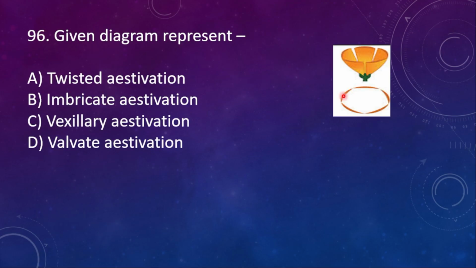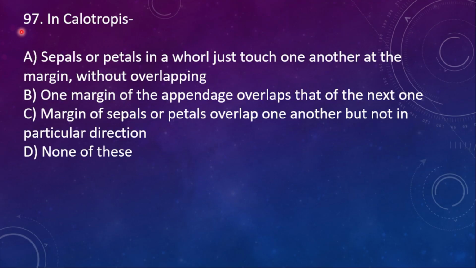Given diagram represents A. twisted, B. imbricate, C. vexillary, D. valvate. See, this is the valvate one. 97. In Calotropis, A. sepals or petals in a whorl just touch one another at the margin without overlapping.